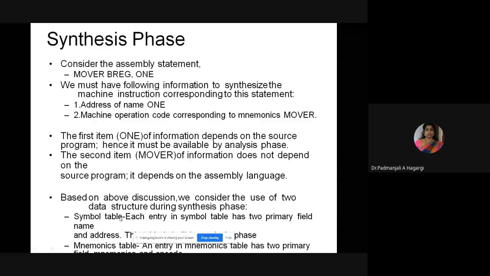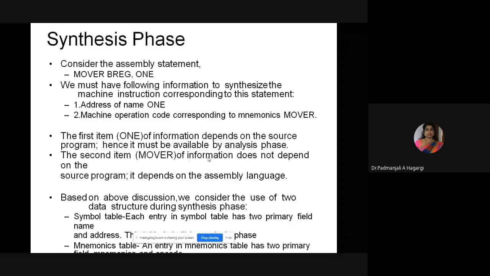The first item of information depends on the source program, and hence it is available from the analysis phase, because the analysis phase starts generating the symbol table, whatever the labels and operands are identified. And the second item, move r, which is the instruction information, does not depend on the source program but on the assembly language.